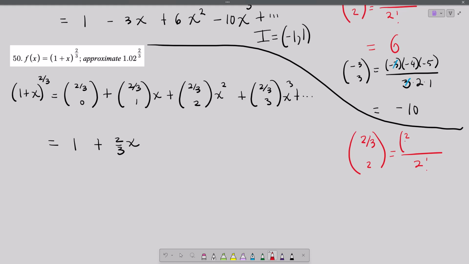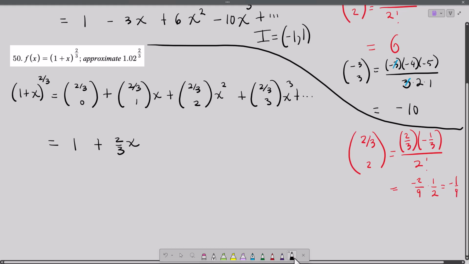Numerator, we're going to have 2/3, and we subtract 1 and get negative 1/3. So we're going to have negative 2/9 divided by 2, which means multiply by 1/2, and we're going to get negative 1/9. So that will be this coefficient. Negative 1/9 times x squared.